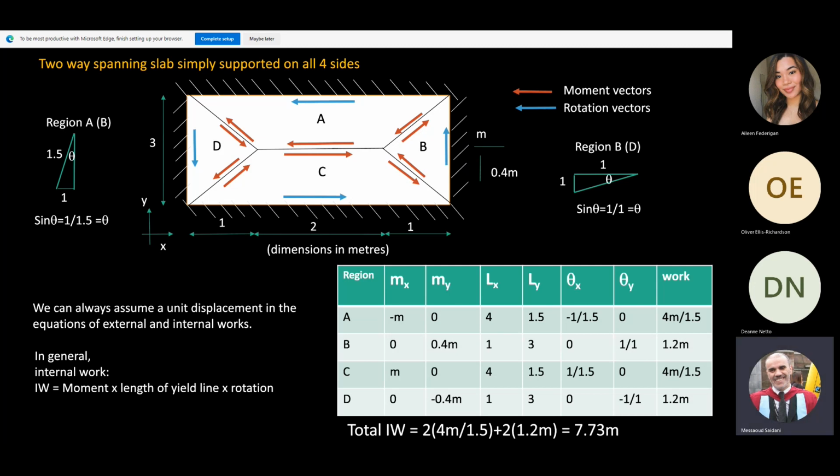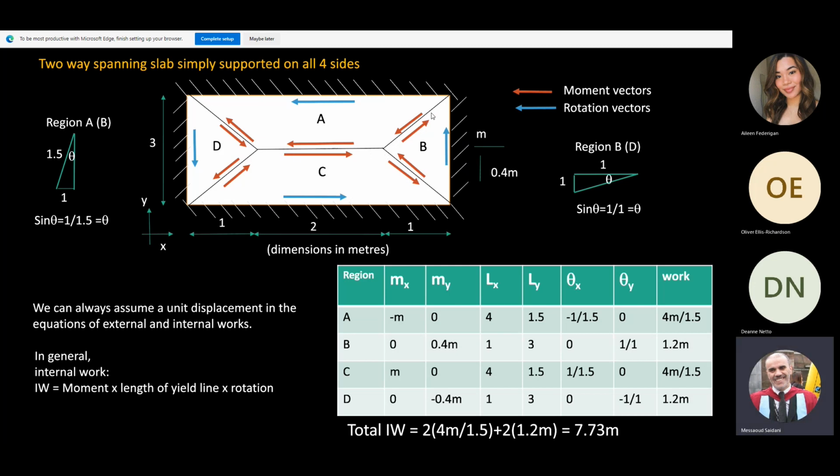Now, the first thing we are going to do before we do the internal and external work for this slab is we are going to determine the moment vectors and the rotation vectors for each region. All right. I'm going to show you now that if you do it for one region, you can actually deduce it for the other regions, because there is some logic in the system. So let's start with region A. Please pay attention. Just focus on region A only. Okay, for now.